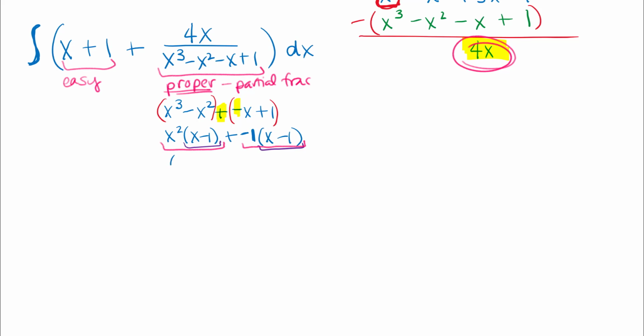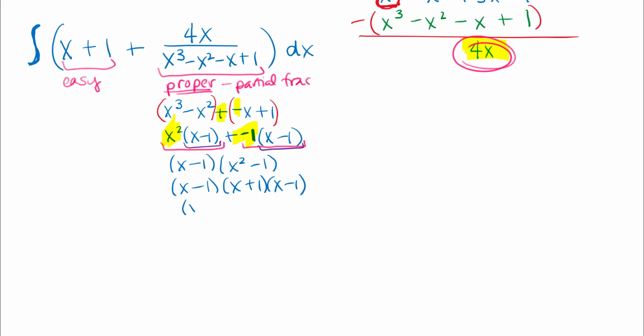Alright, so then with factoring by grouping, I treat this like 2 giant terms, and they both have a common factor of x minus 1, so I factor out the x minus 1, and then I'm going to be left with the x squared and plus negative 1 is what I'm left with after I factor out the x minus 1 factor. Okay, so I'm left with x squared minus 1. The x squared minus 1 factors more. That's a difference of squares, so that factors into x plus 1 times x minus 1. Alright, so there we've got the whole denominator factored.